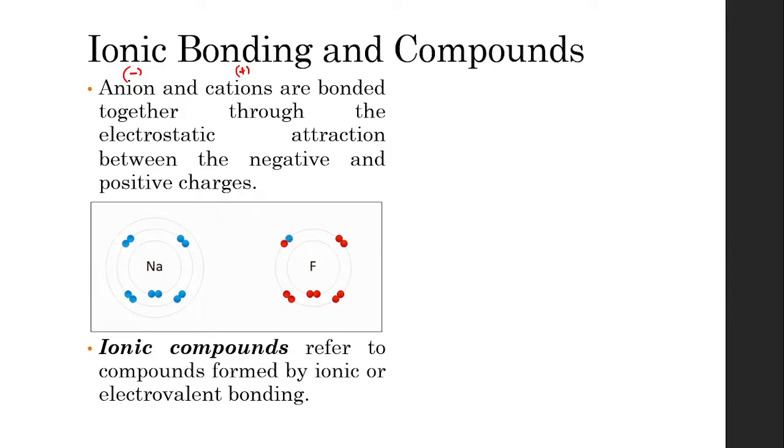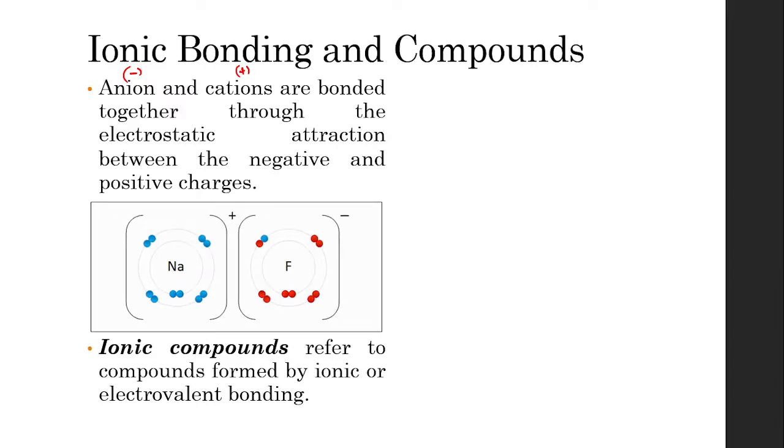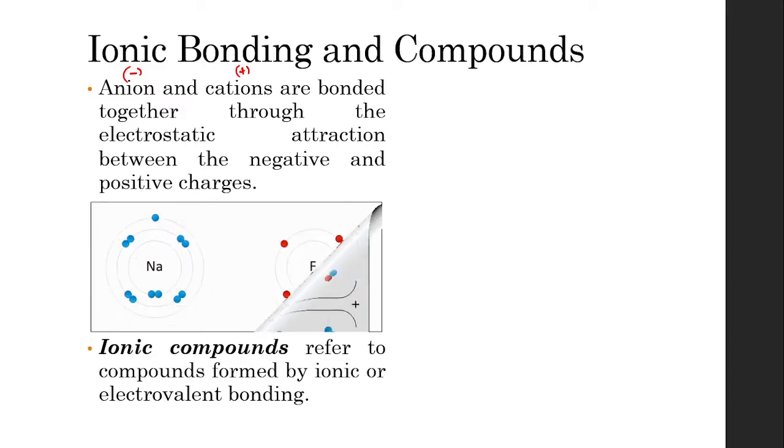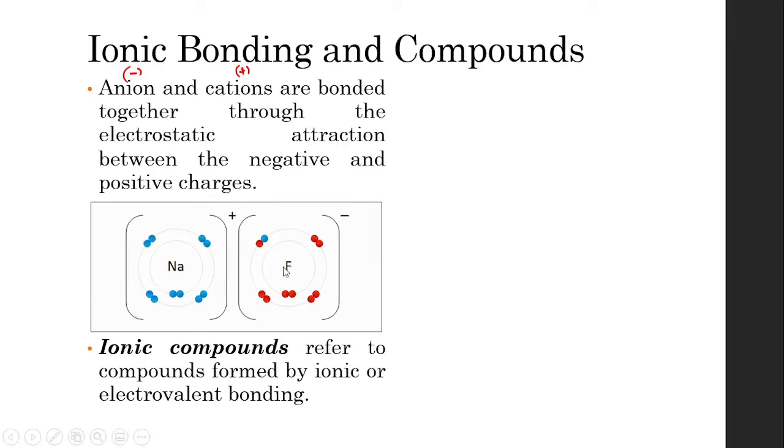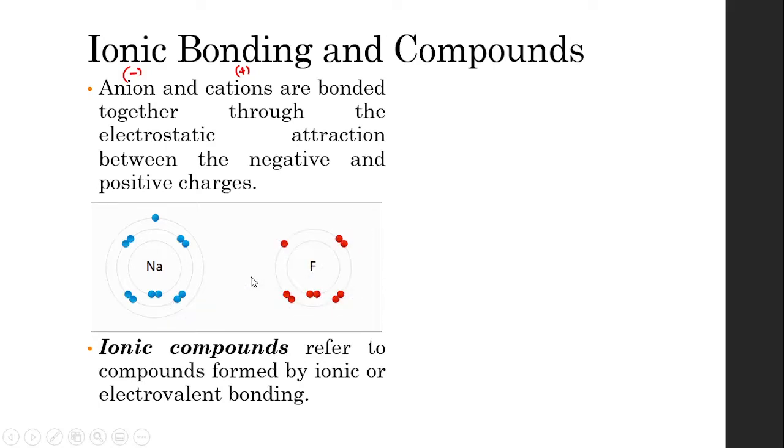For example, wires are very good conductors because electricity travels really fast on wires. But because of this electrostatic bonding, where we have positive here and negative here, when we combine them together, they basically become neutral. Electricity does not travel very quickly, or does not travel at all, in a solid ionic compound.